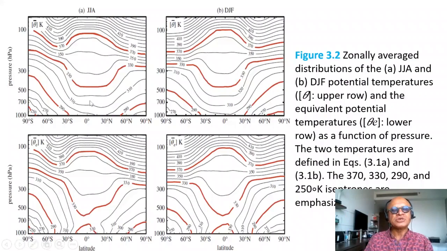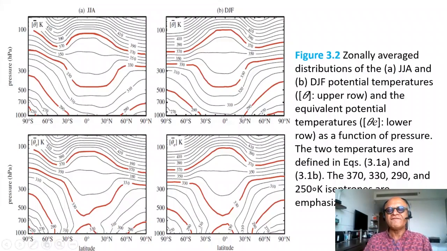You see the flatter structure here. You see this sloping upwards towards high latitudes in both seasons, but there are obviously differences. In the boreal summer, you have warmer temperatures, the ITCZ moving to the north. Even though we're talking about potential temperature, this is from the real world, so it has the impact of humidity in it.